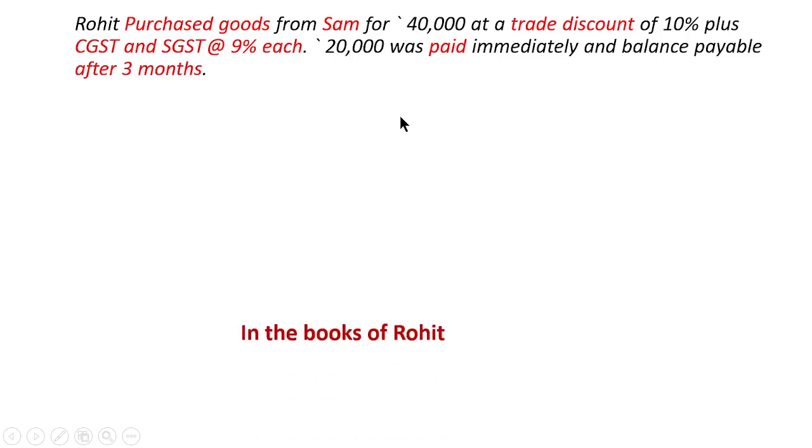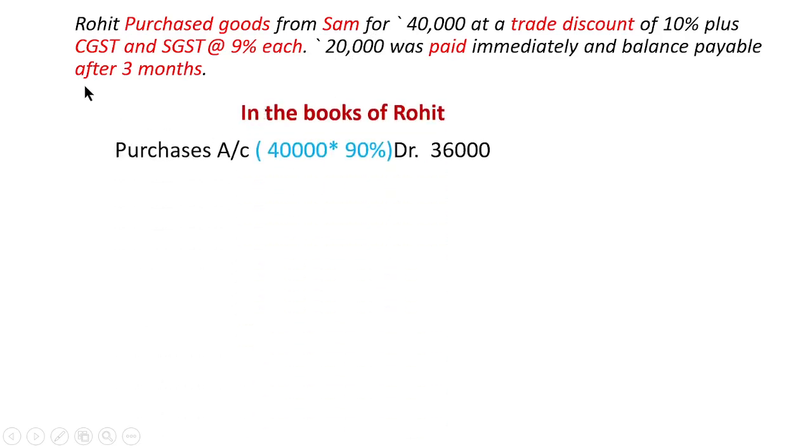So in this case, in the books of Rohit, for Rohit it's a purchase, so purchase is an expense, debit. Purchase account, total amount is 40,000 into 90%, means 10% minus.